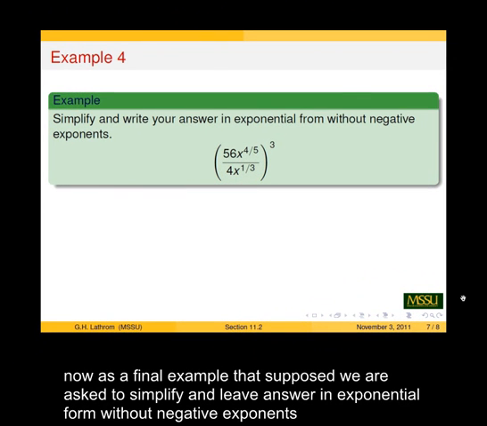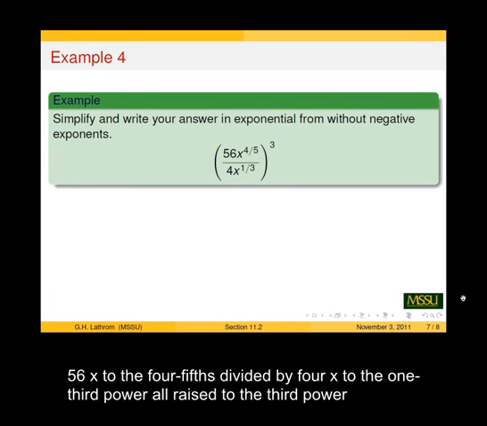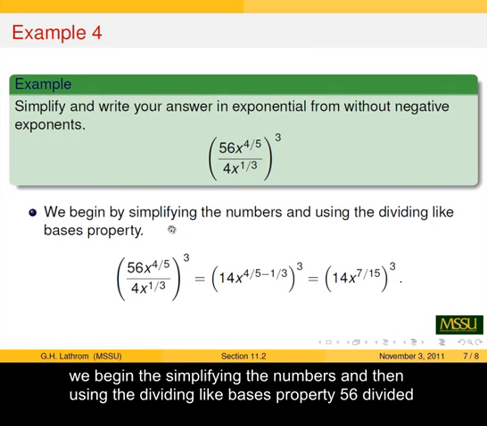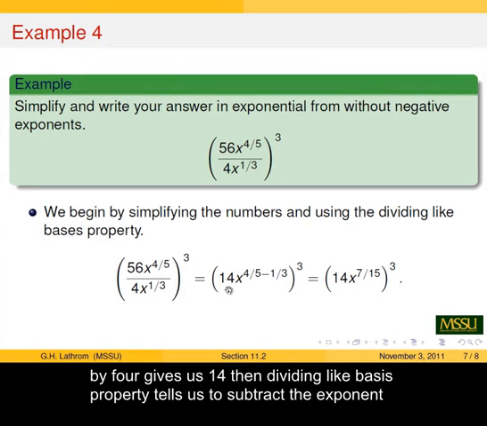Now, as our final example, let's suppose that we are asked to simplify and write our answer in exponential form without negative exponents: 56x to the 4/5 power divided by 4x to the 1/3 power, all raised to the 3rd power. We begin by simplifying the numbers and then using the dividing like bases property. 56 divided by 4 gives us 14.